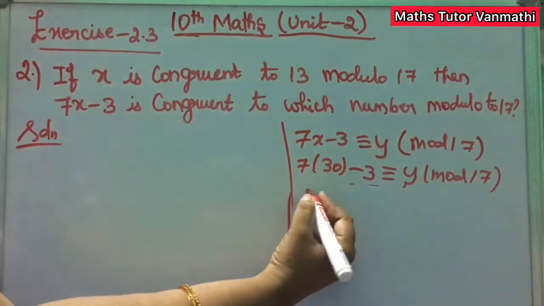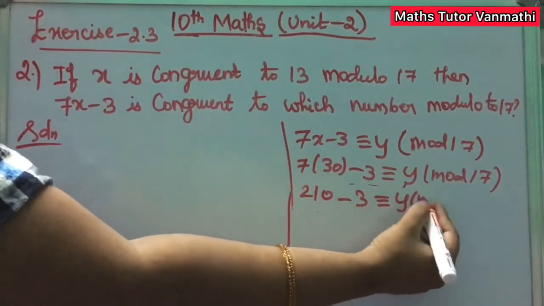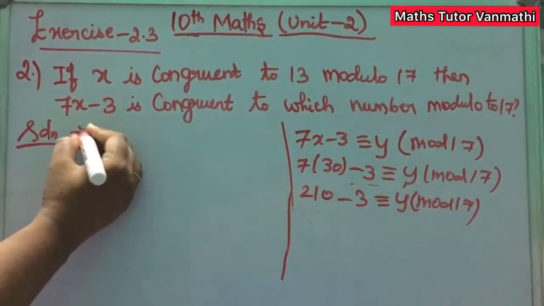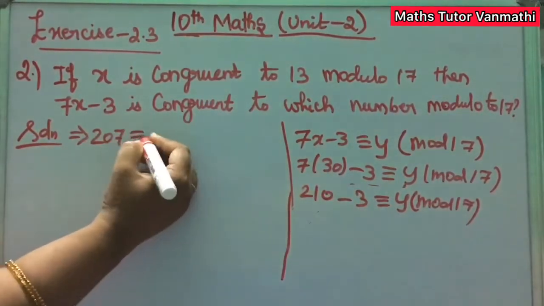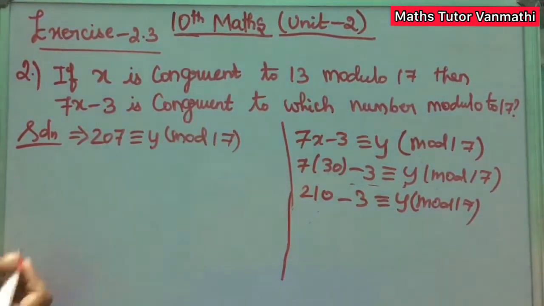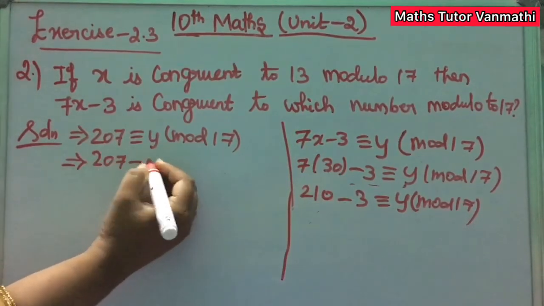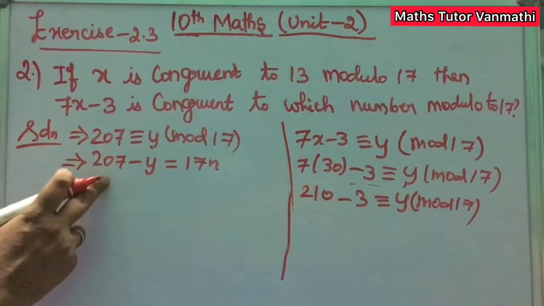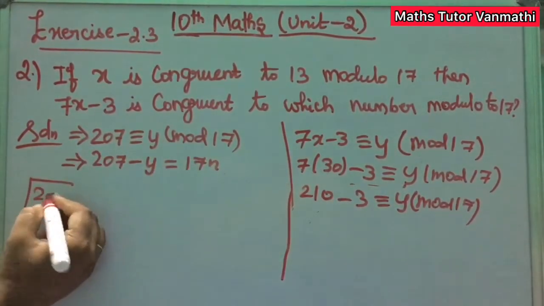Again multiplying this you will get 210 minus 3, which is congruent to y mod 17, and this can be written as 210 minus 3 is here 207, which is congruent to y mod 17. Clear? And again this can be written as 207 minus y, which is equal to 17, and that is 207 is divided by 17.